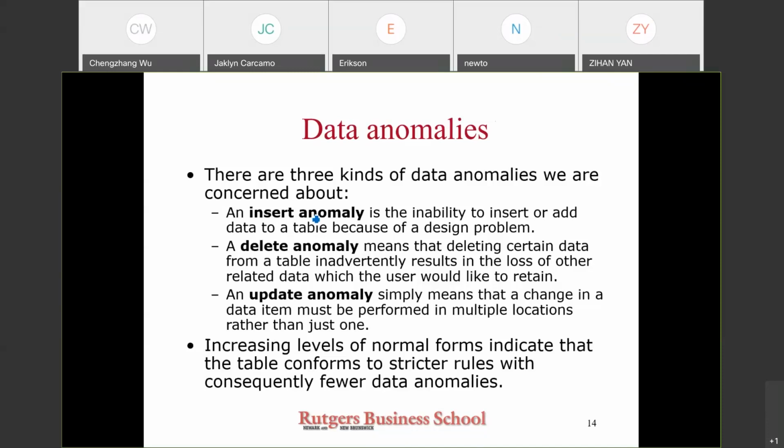Increasing levels of normal forms indicates that the table conforms to stricter rules, with consequently fewer data anomalies.